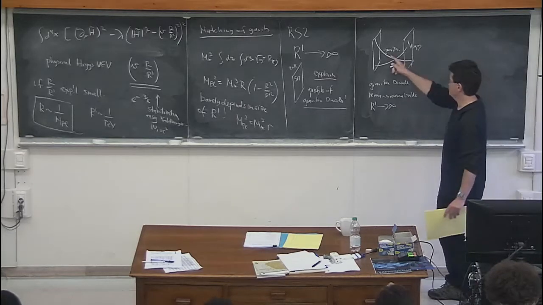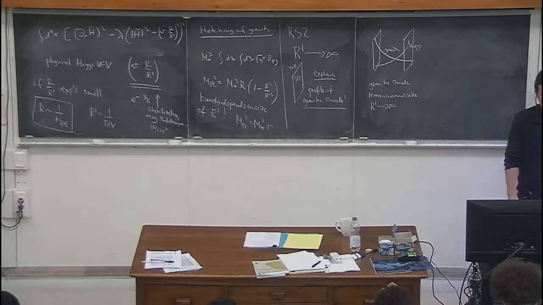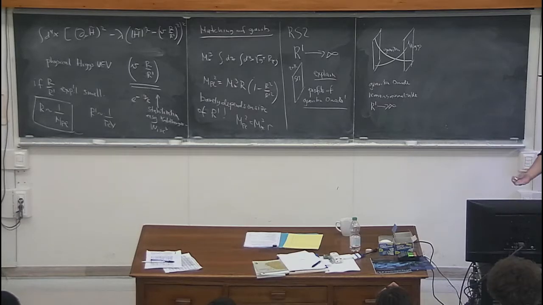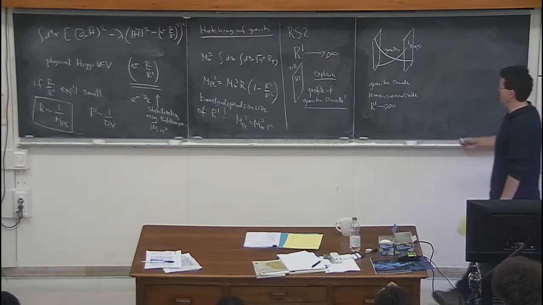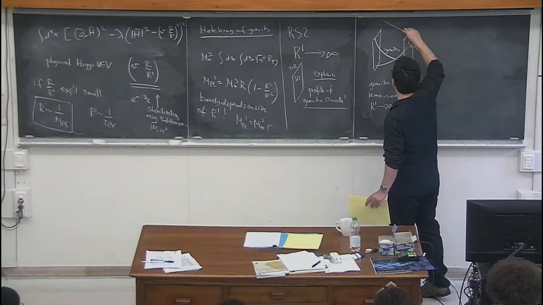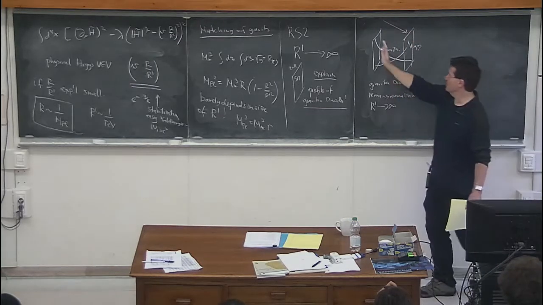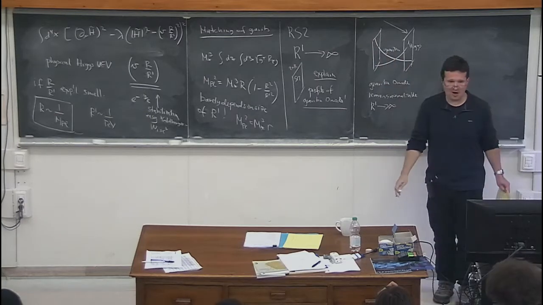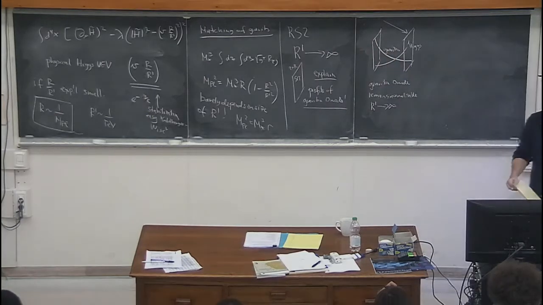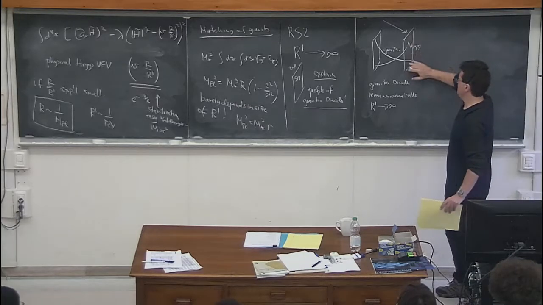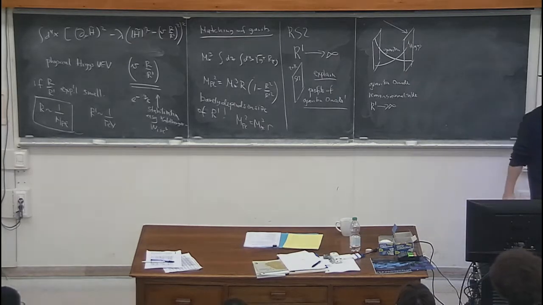And it also explains, at least in this 5-dimensional sense, the origin of the hierarchy. I told you that the mass scales are decreasing as I move along the extra dimension, and gravity feels mainly the part where the mass scales are very large. So that's why the Planck scale is going to be super large. But the Higgs feels mainly the region of the extra dimension where the mass scales are very small.